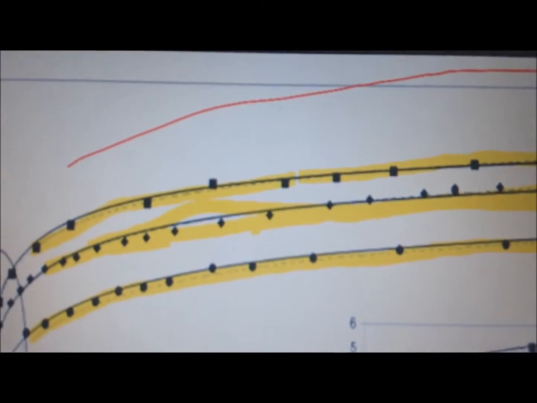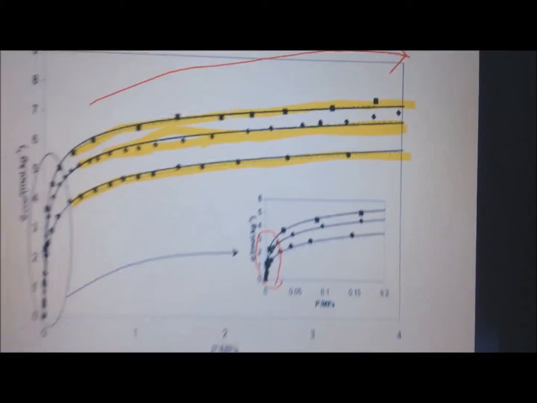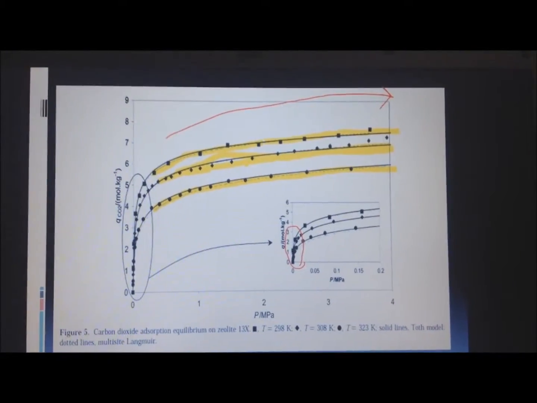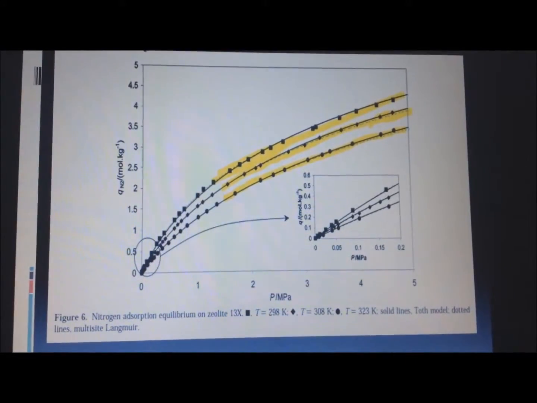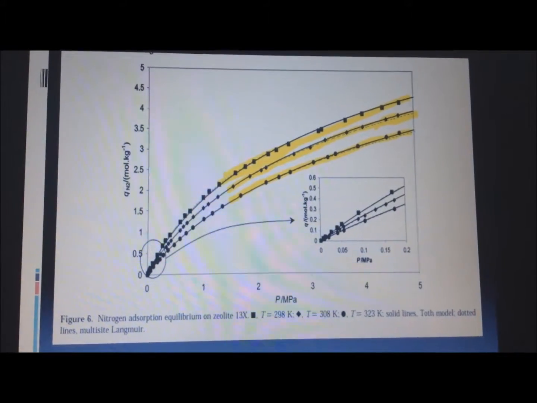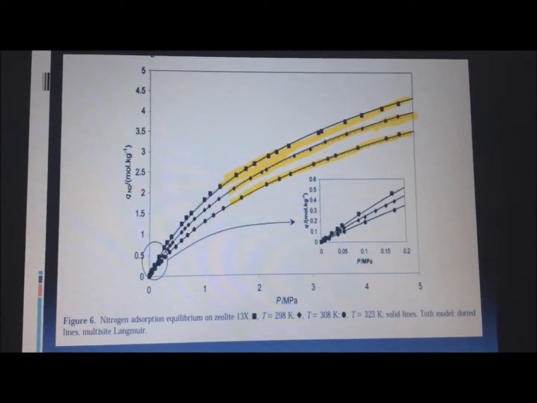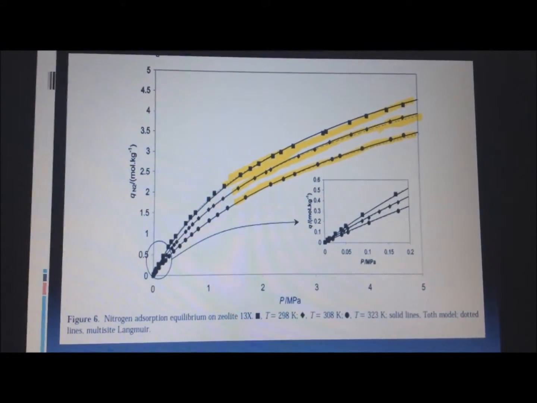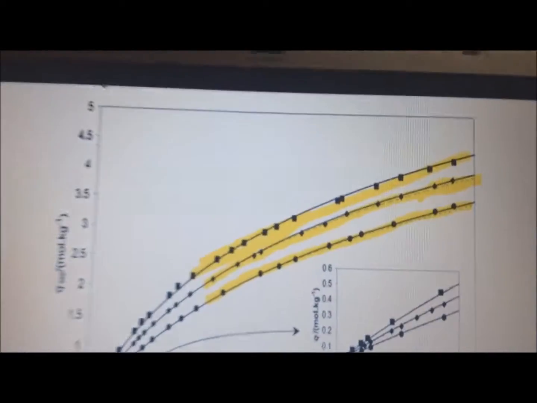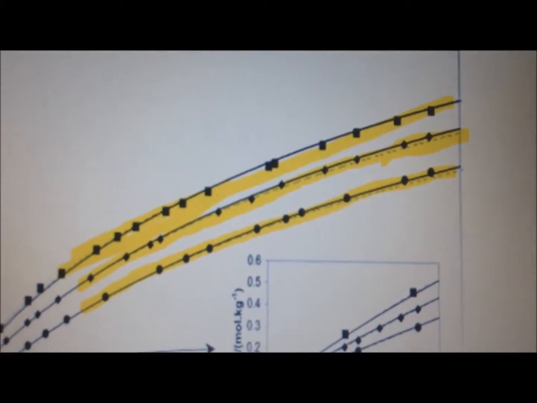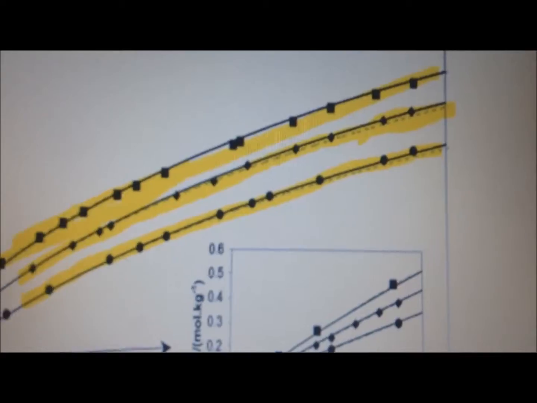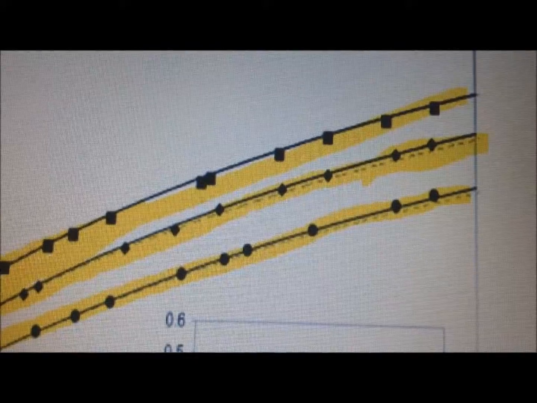Solid lines represent the Toth model, while dotted lines represent the multi-site Langmuir model. Figure 6 shows nitrogen adsorption equilibrium on zeolite 13X. Solid lines represent the Toth model, and the dotted lines represent the multi-site Langmuir model.